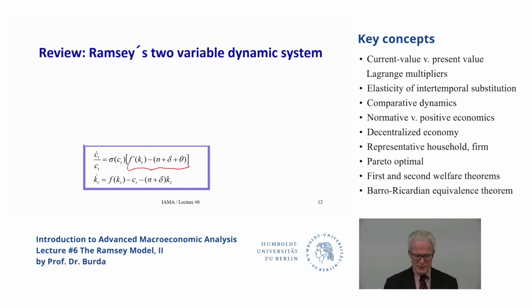The second equation is simply the equation of motion for the capital stock, the Goldsmith equation in per capita terms. We already learned that from the Solow model, so there's nothing new to discuss at this point. Okay.